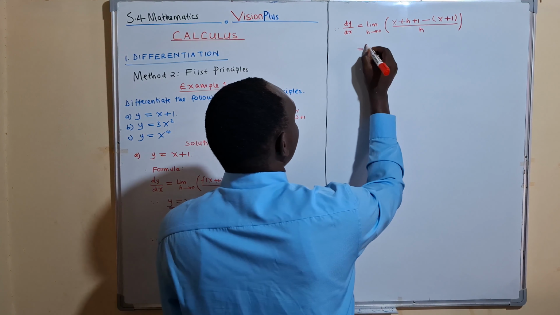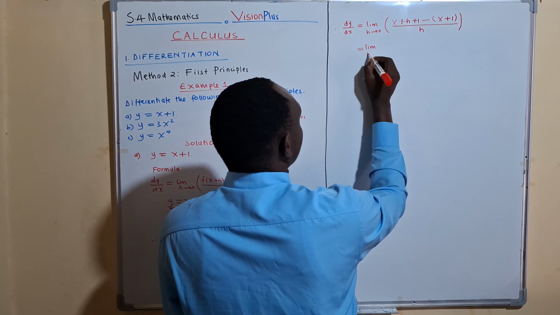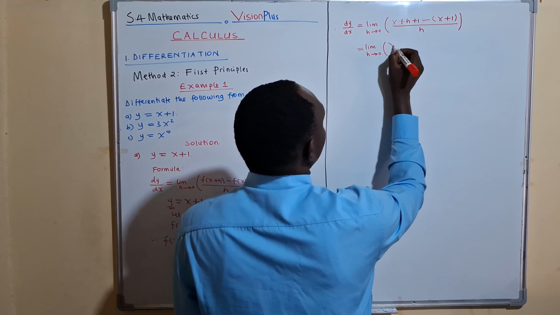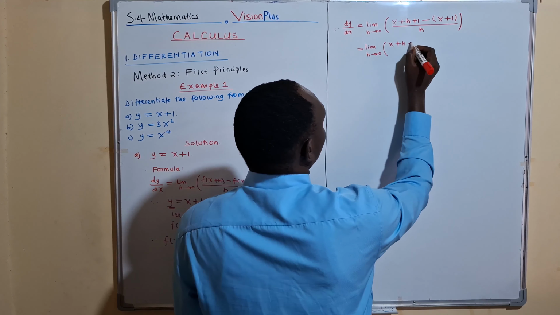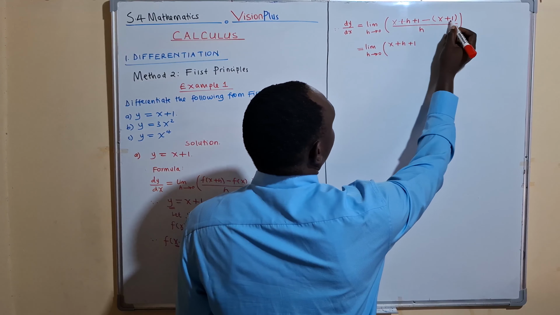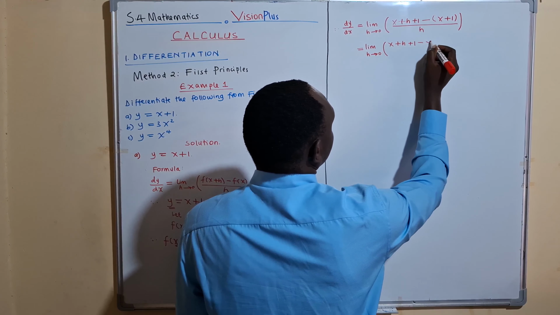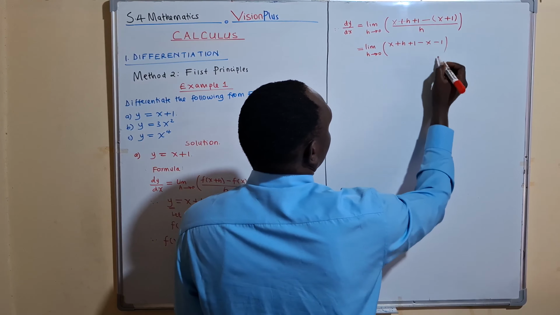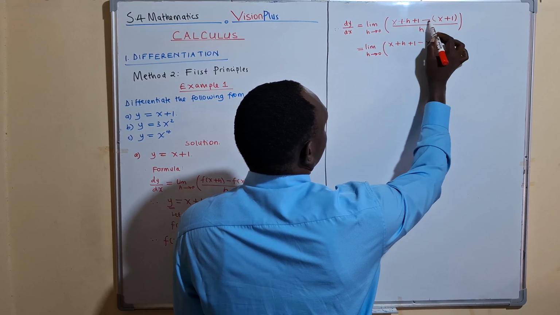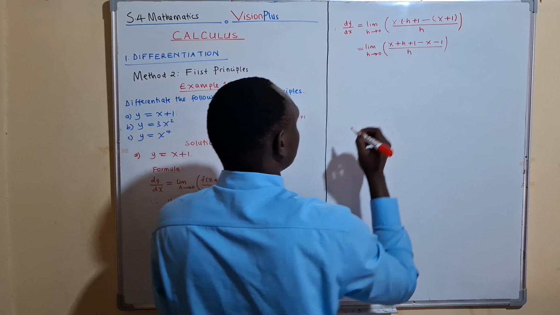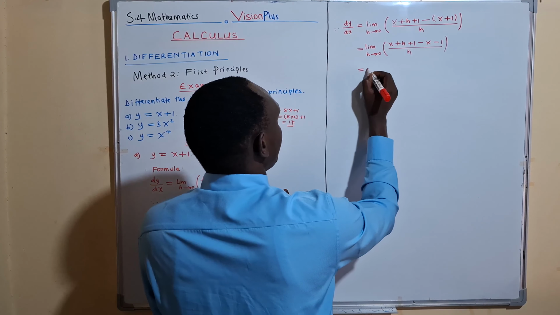That means we shall have limit as h tends to 0 for the function x plus h plus 1, and then you open the bracket by negative 1. So we shall have here negative x minus 1, because this sign affects x, also affects 1, become negative, over h. Then we simplify further.